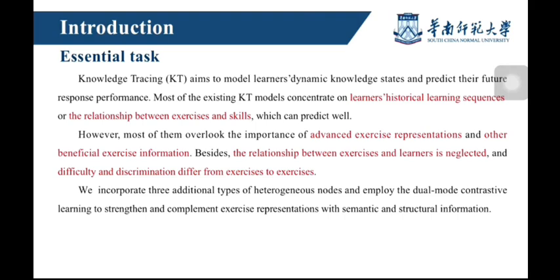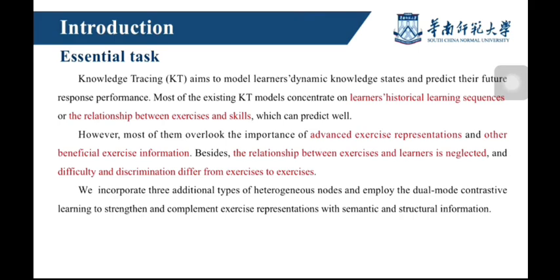Knowledge tracing aims to model learners' dynamic knowledge states and predict their future response performance. Most of the existing KT models concentrate on learners' historical learning sequences or the relationship between exercise and skills, which can predict well.